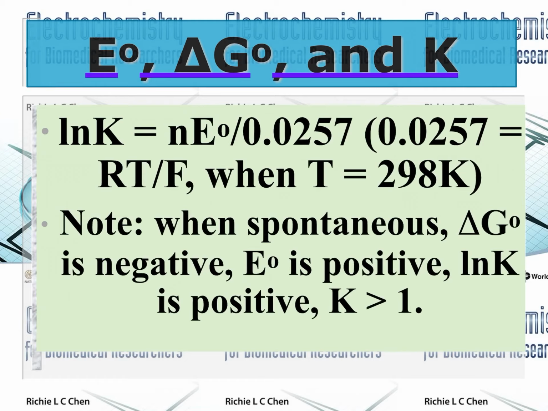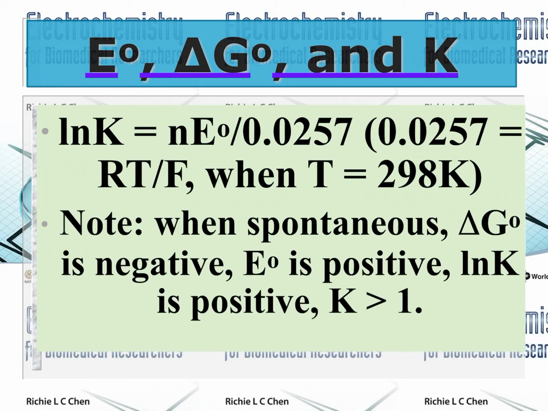All right, so the mathematical relationship here. Remember, we said that we're dealing with, at standard conditions, 1 molar concentration, so we expect to see the gas law constant, which is there, RT over F. Now, they make the substitution.